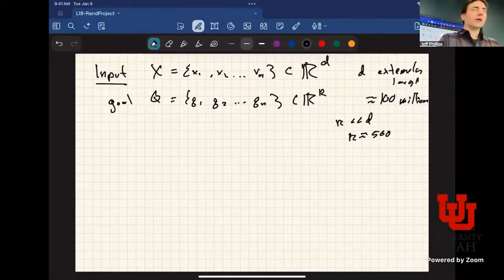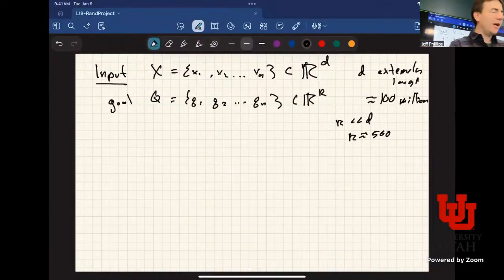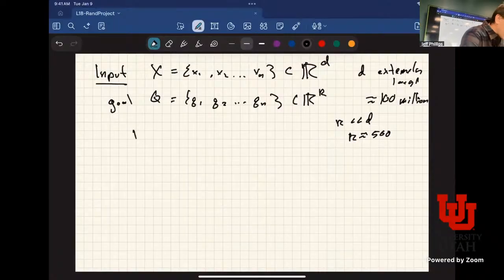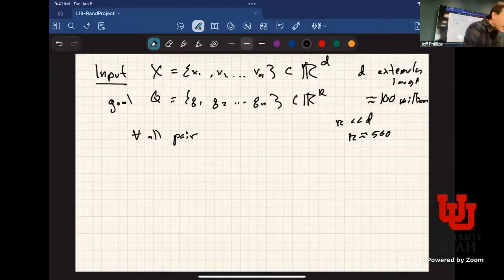And so we talked about a number of approaches, but I didn't really write down what the guarantees were. We could write this down with singular value decomposition and PCA, which was minimizing the sum of all the projections. But what did that actually mean and what is it preserving here? So now the goal is that for all pairs xi, xj in X, I want this to hold for all pairs.